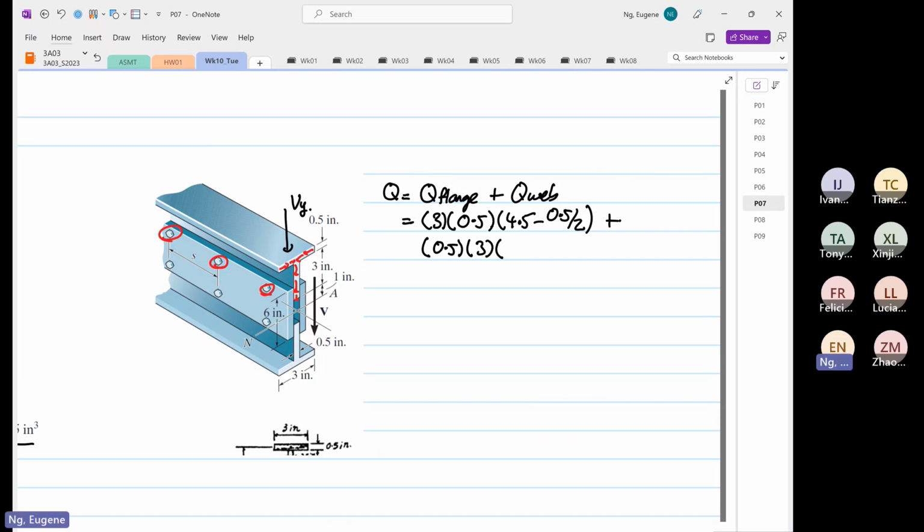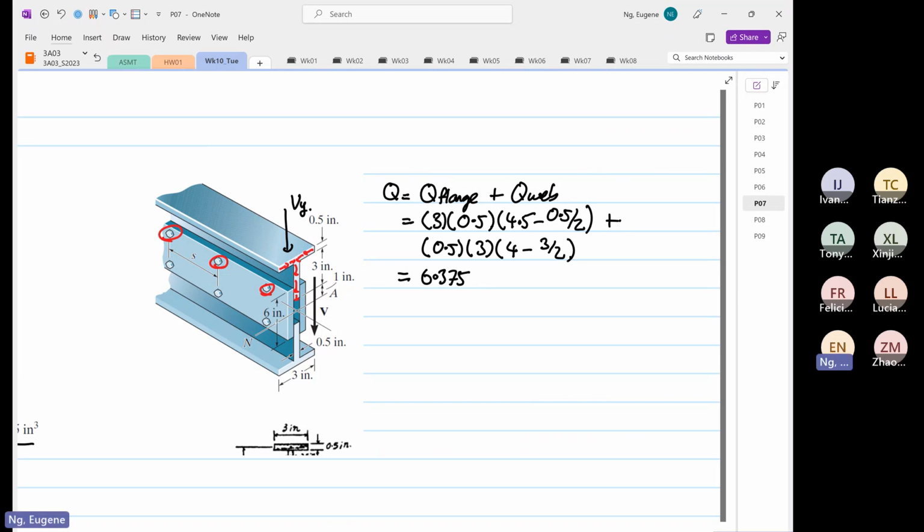The y bar is 4 minus 3 divided by 2. Let me check again. The width is 3, the depth is 0.5, y bar is 4.5 minus 0.5 divided by 2, correct? The width is 0.5, the depth is 3, 3 plus 1 is 4, 3 divided by 2. Yep. So 4.5 minus 0.5 divided by 2, that's 0.5 times 3.